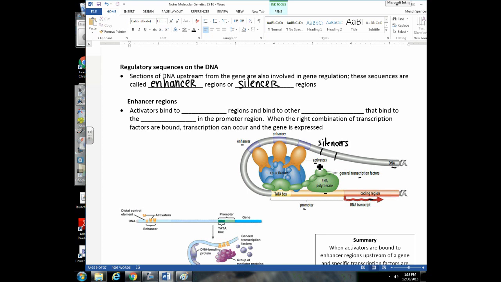Activators are what we call these proteins that bind to the enhancer regions. Activators bind to these enhancer regions, and they also bind with other proteins and the transcription factors that are binding to the box.